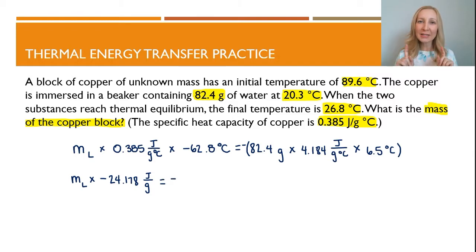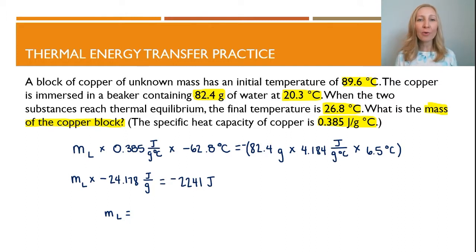The degrees Celsius cancels out in the intermediate work as I solve this problem. So the Celsius has canceled out on the left-hand side, and multiplying all of these things together on the right-hand side, I get negative 2,241 joules. Now on the right-hand side, grams and degrees Celsius cancel out, so I just get joules.